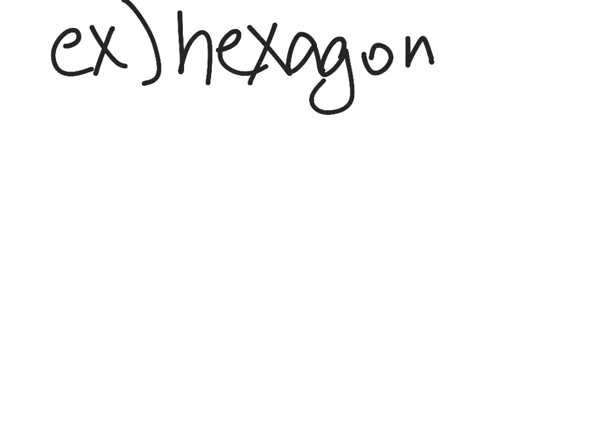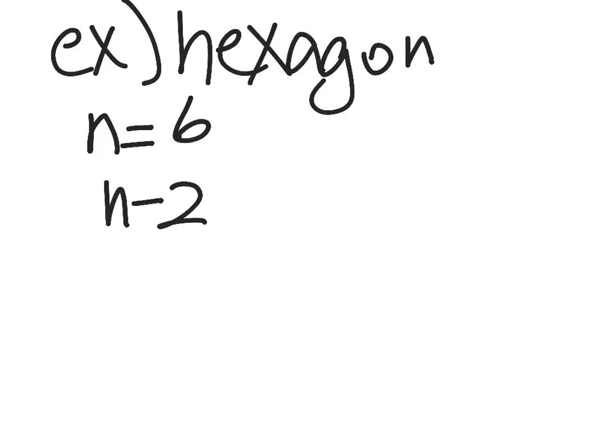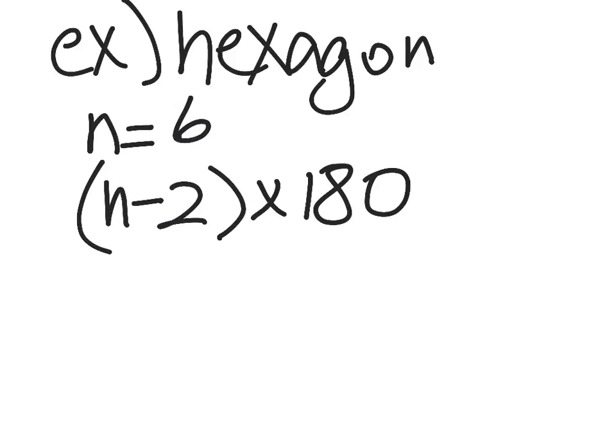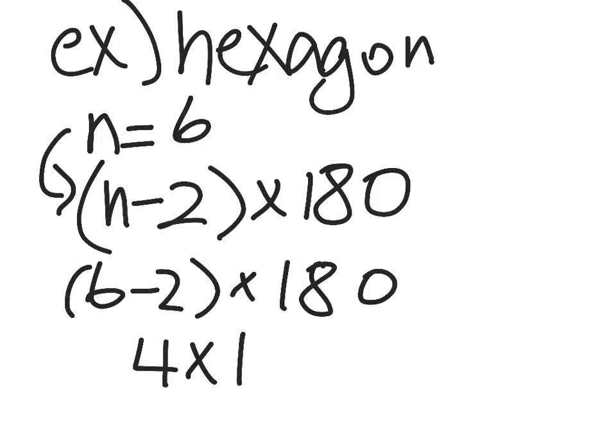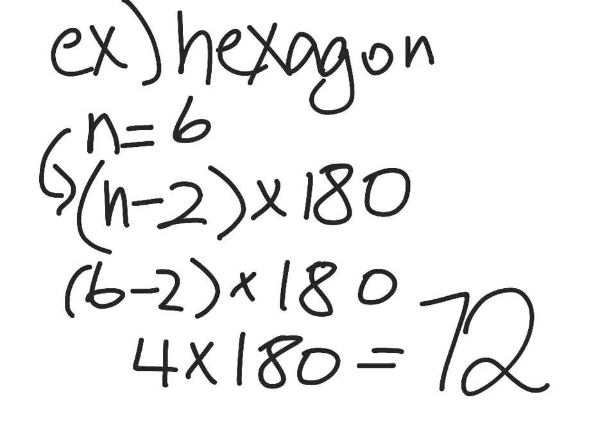A hexagon has 6 angles and 6 sides, so n would be 6. So n minus 2 times 180. N is 6, so plug that in. It'd be 6 minus 2 times 180, which is 4 times 180, which leads to 720 degrees.